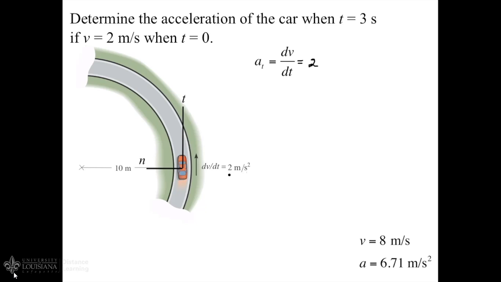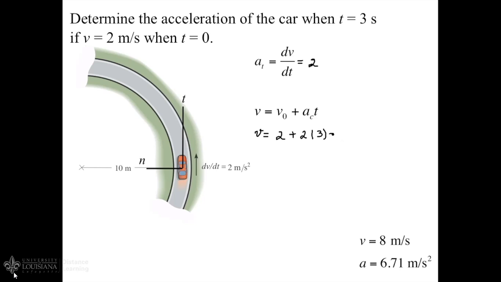Consequently, I can use an equation of constant acceleration that involves velocity and time, and not position. That would be this one. If I put the data in, I get the following. V is equal to initial velocity of 2 meters per second plus our acceleration along the curve, which is that component of 2 meters per second squared, times the time, which is 3 seconds.